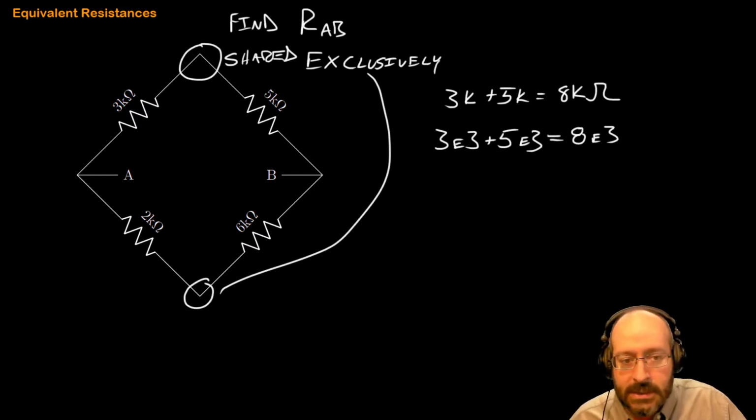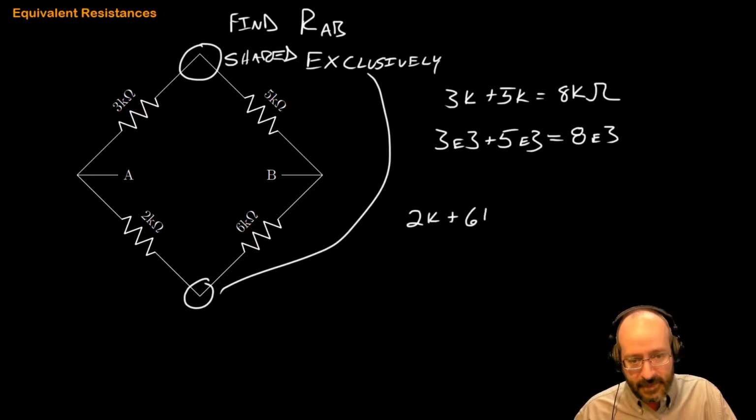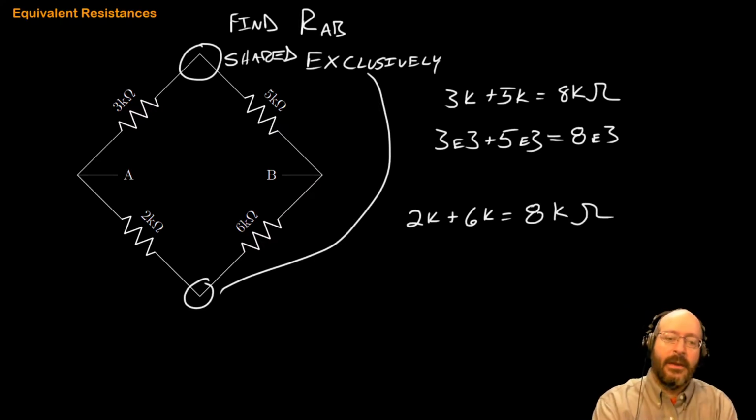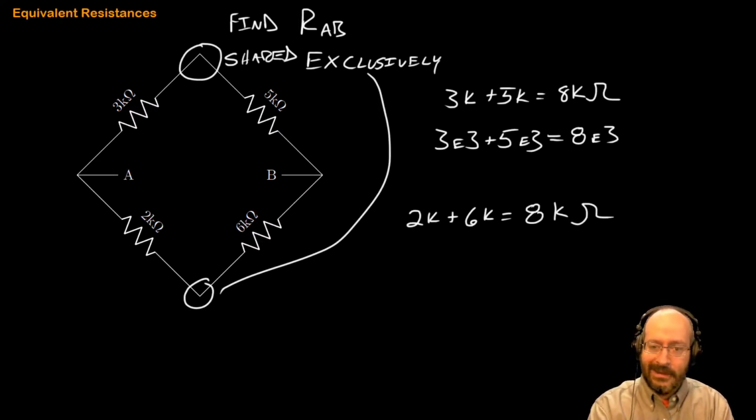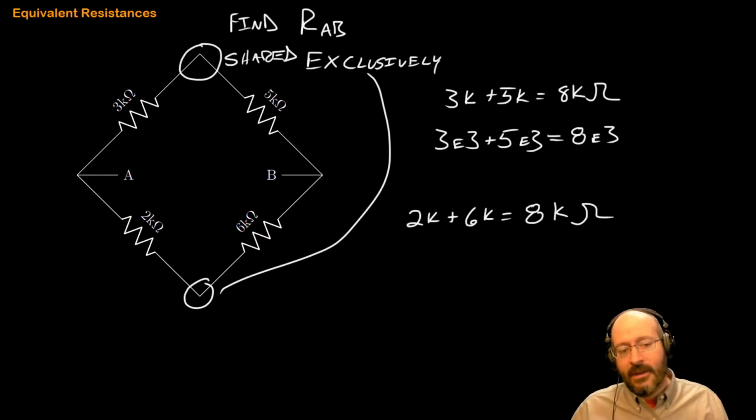I totally do. Okay, so that's that one. Down here, these are in series, so we get 2K plus 6K. This one also equals 8K, almost like I planned it that way. It's been a while since I made this problem. But it certainly makes the next piece easy because both branches between A and B are 8K.